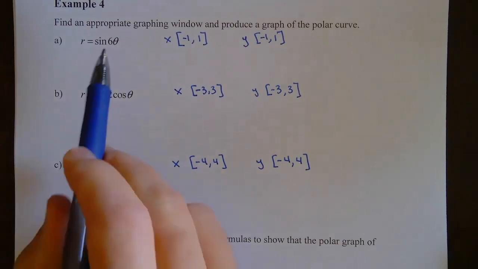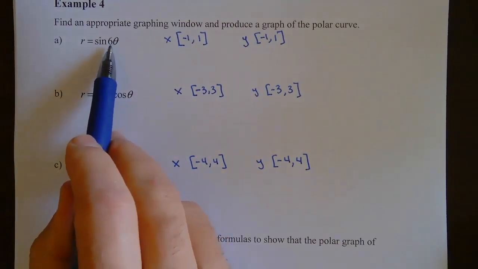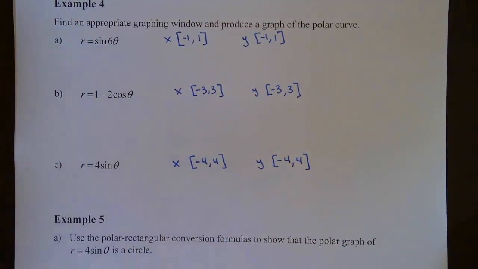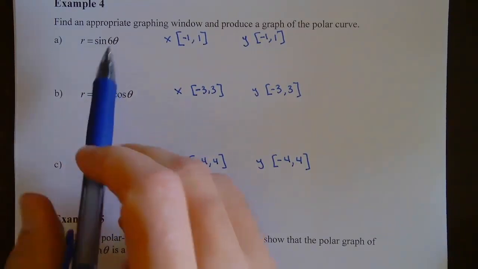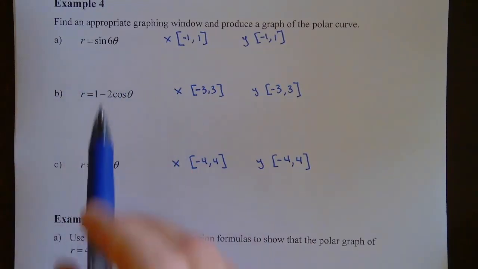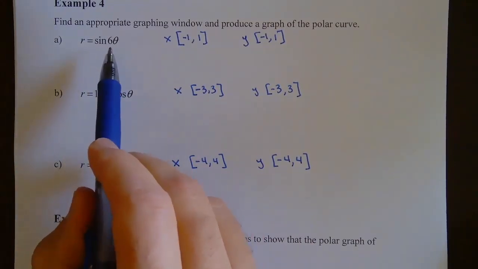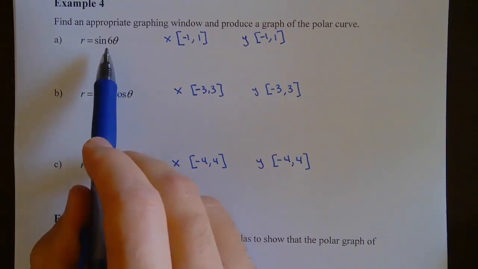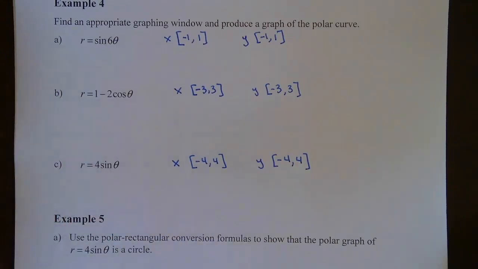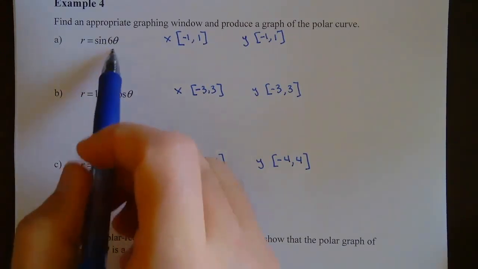And one thing I want to say about this one: remember, the period for sine is 2 pi. So I'm going to explain how you're going to see it. It would be 1/6 times 2 pi, and that would be the period of this function.